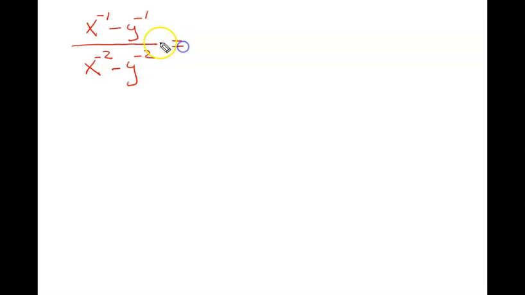But to put it in the complex fraction form, x to the -1 is actually 1 over x minus 1 over y. The rule of bringing the negative exponent down to the denominator changes the sign, and the same here. 1 over x to the second minus 1 over y to the second here.